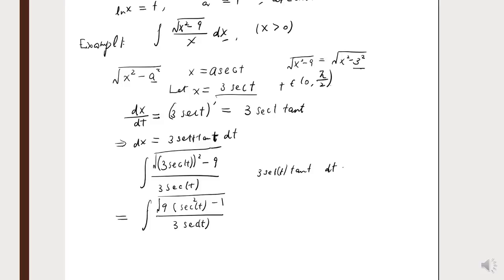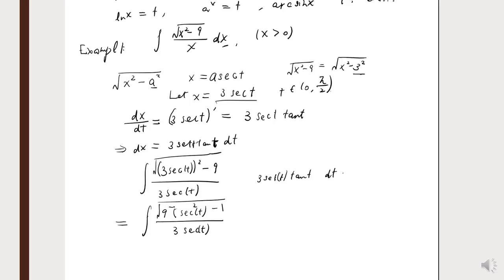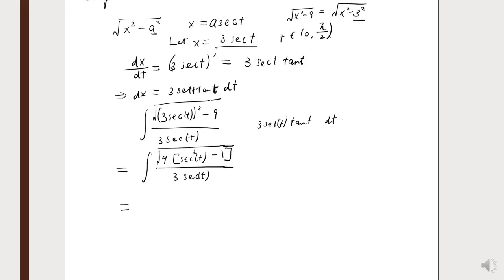This part looks very familiar, so I will put brackets here. This one is actually tan t squared, so it's 9 times tan t squared. So let's do the square root again, and sec t.